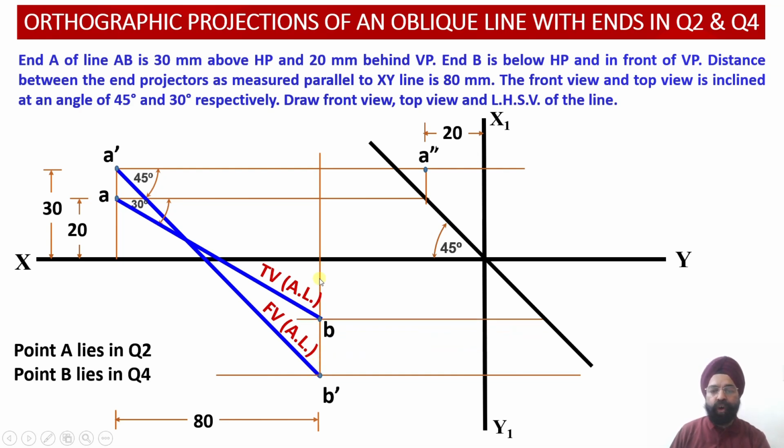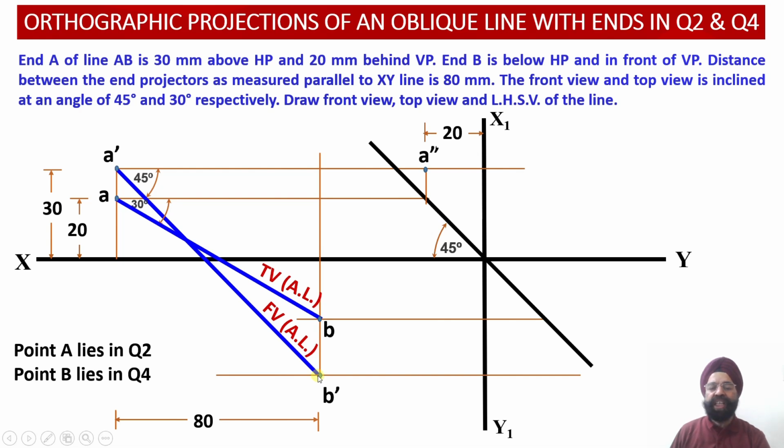So we know that even in the profile view, our B double dash point will be located at the same distance below the XY reference line. Once we draw a horizontal locus line through the point B dash, we will obtain the location of the point B double dash onto this horizontal construction line.